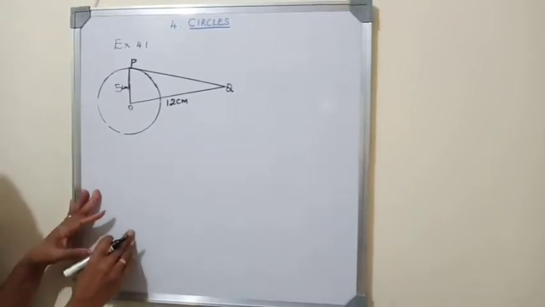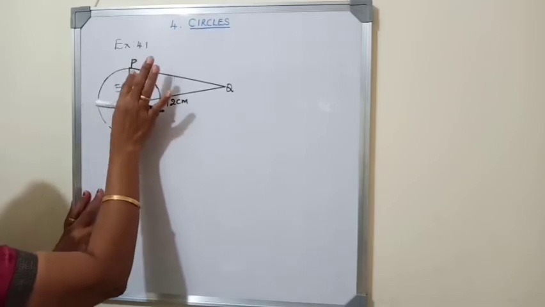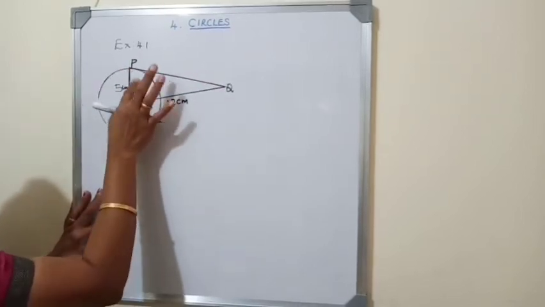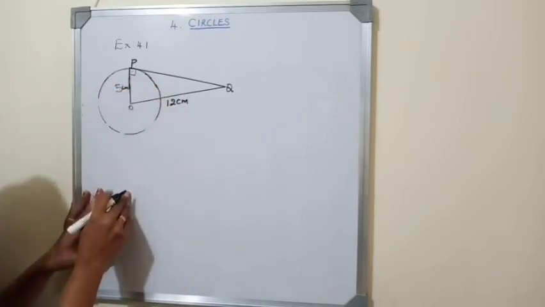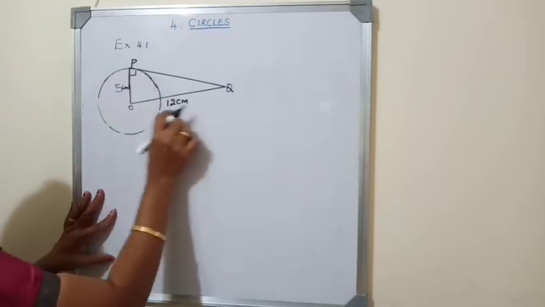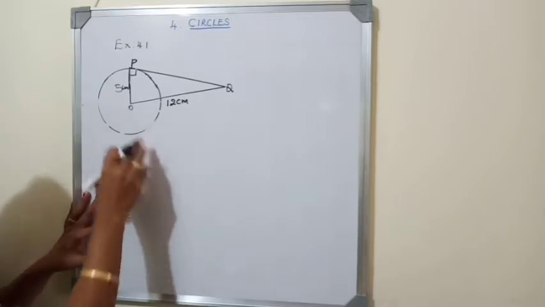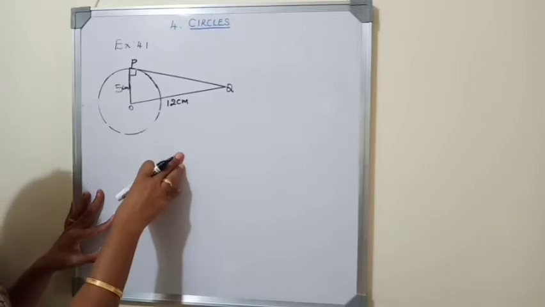Now we learned the theorem that the radius at the point of contact is perpendicular to the tangent. Tangent and radius will always be perpendicular. Perpendicular means the angle will be 90 degrees. So here, if it is 90 degrees, what type of triangle is POQ? It's a right angle triangle. In a right angle triangle, we already learned last year how to apply Pythagoras theorem.